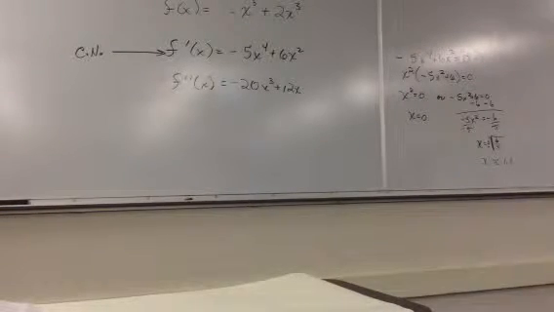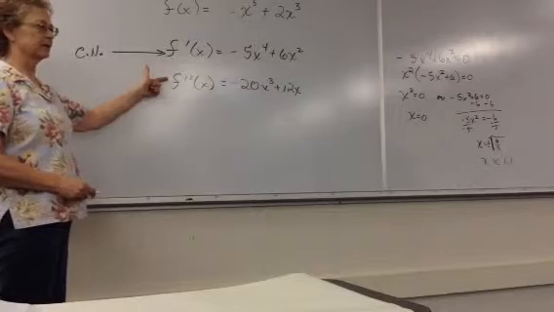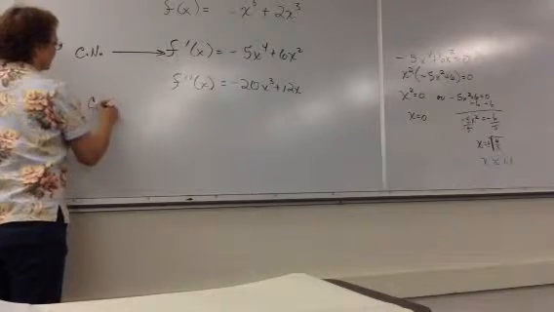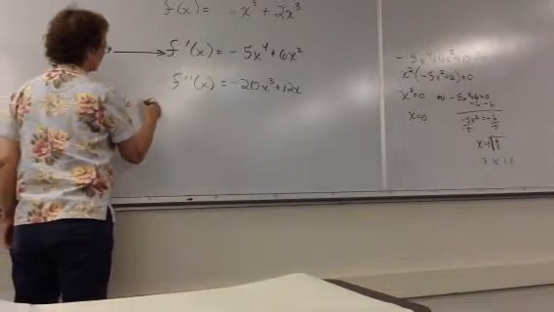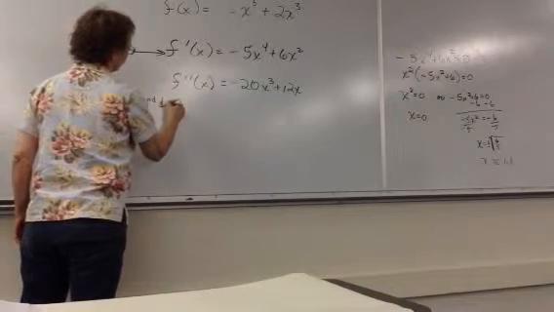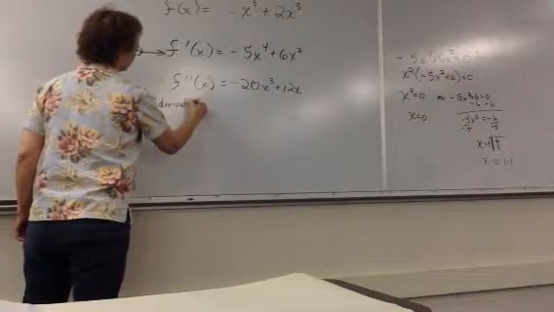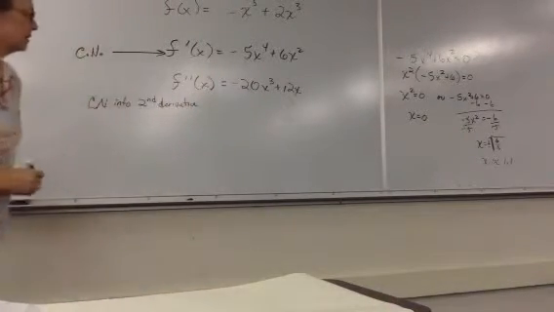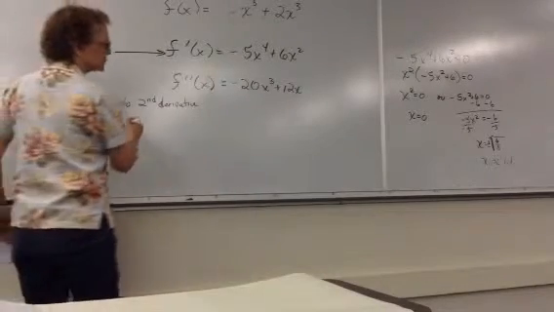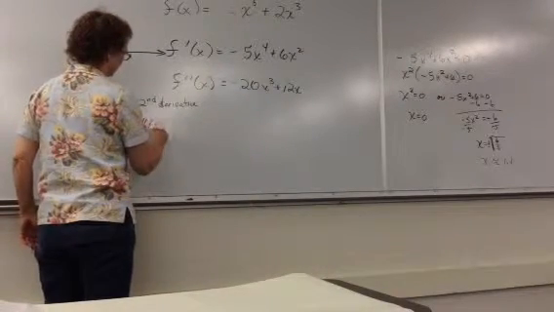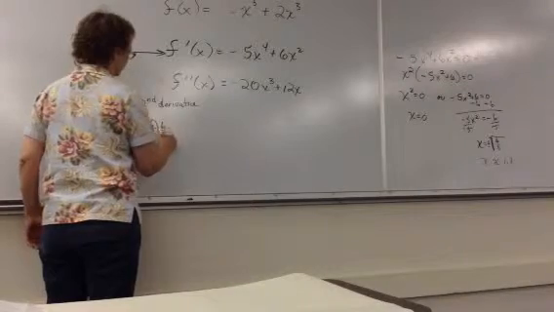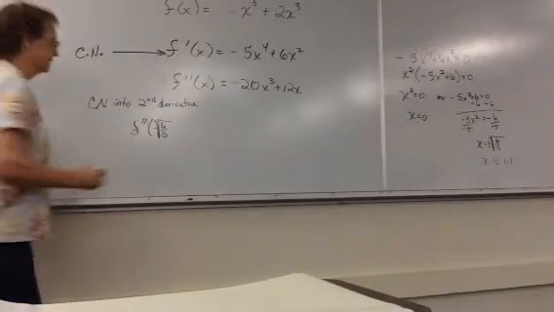So now what do we do? Oh yeah, now we plug the critical numbers into the second derivative. So critical numbers into second derivative. So let's start with the smallest one. Negative, the square root of negative 6/5.